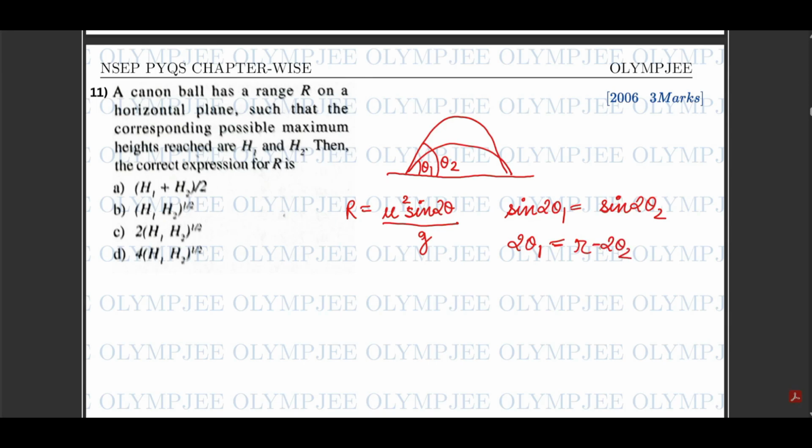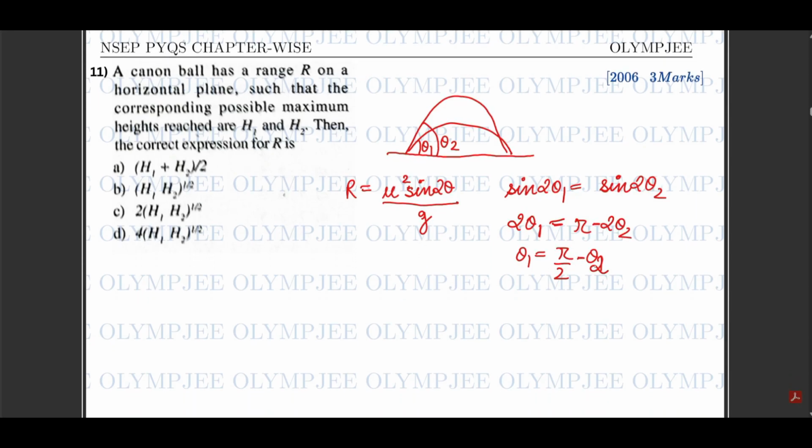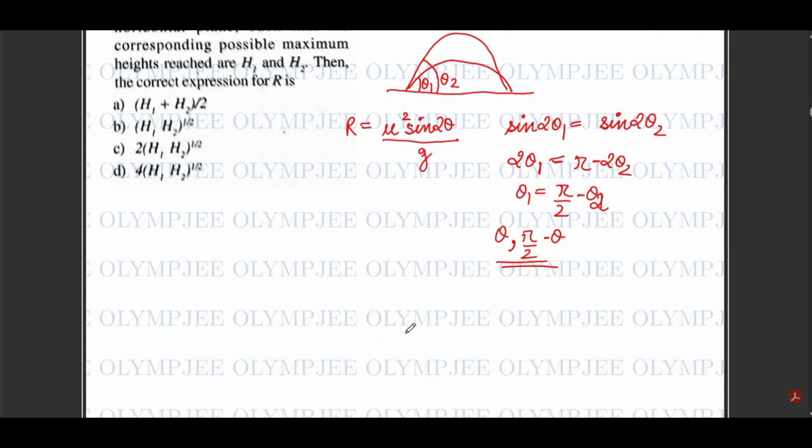This is the property of sine. So theta 1 is equal to pi by 2 minus theta 2. Okay, so we can get that the two angles will be theta and pi by 2 minus theta, for which we can have the same range. Hope this is clear.